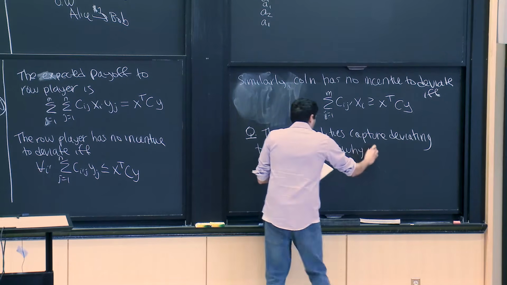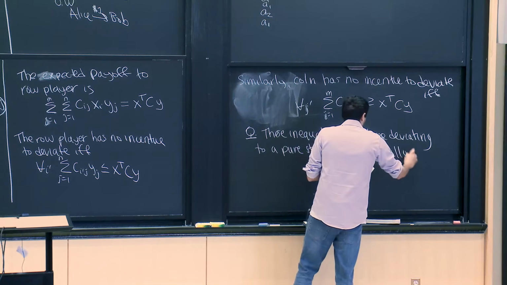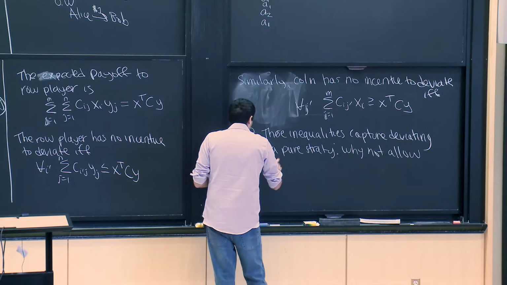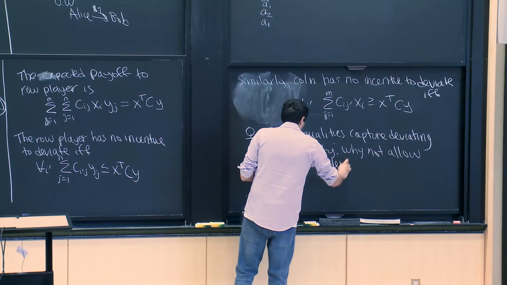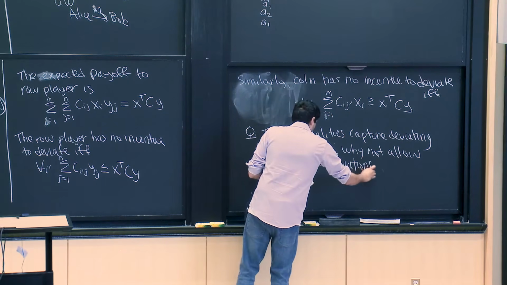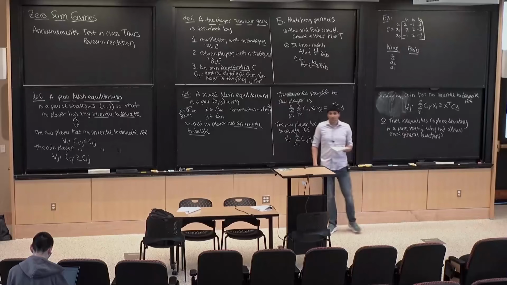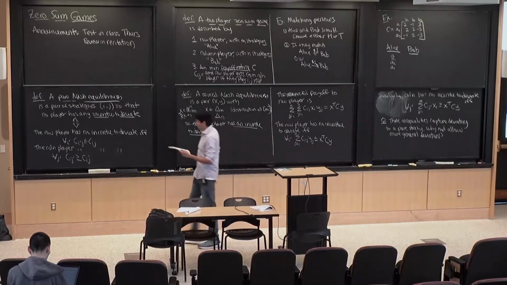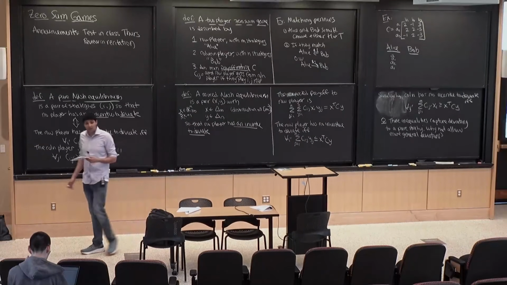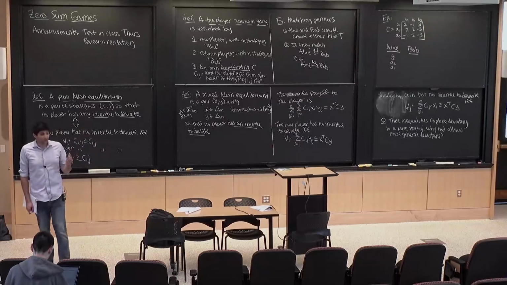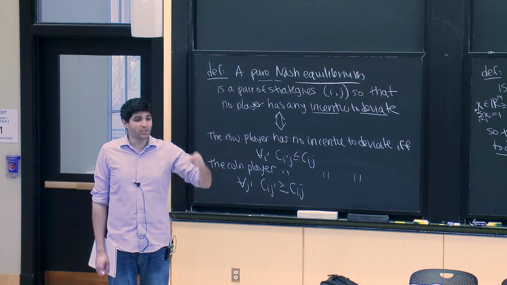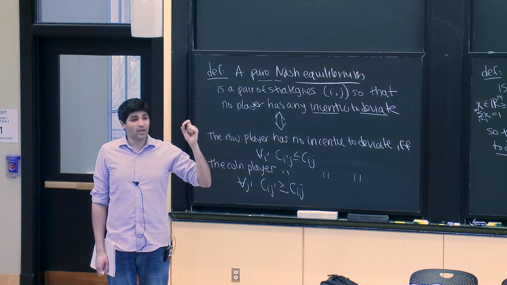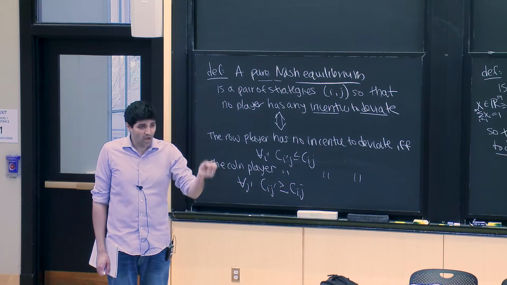Why not allow more general deviations? So the way to think about this is, when I defined the notion of incentive to deviate right here, you started off with a strategy i, and you considered what would happen if you deviate to a strategy i prime. So you started off with a deterministic strategy i, and you deviated to another deterministic strategy i prime.